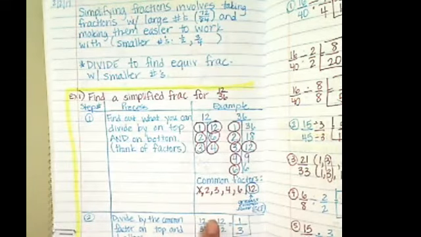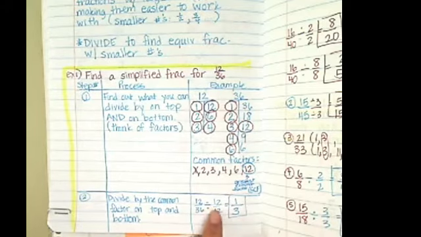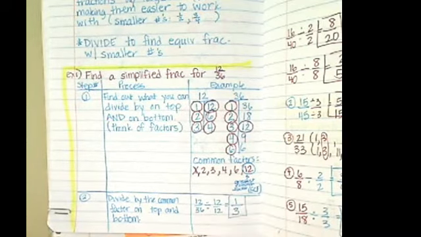That way, you're still doing the same math on top and on bottom. You're still using an equivalent of 1 to divide. And as long as you're still using an equivalent of 1, same math on top and bottom, then you have an equivalent fraction.